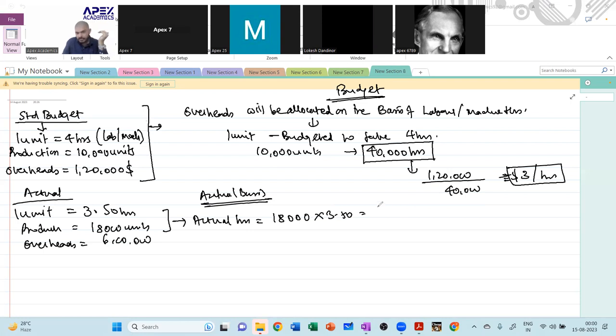It will give you 63,000 hours. Let's take this as 6,30,000. I want to take it 6,30,000 only for the reason that there is mathematical divisibility. It is easier to understand, no other reason.